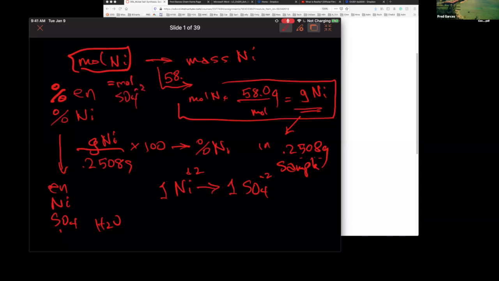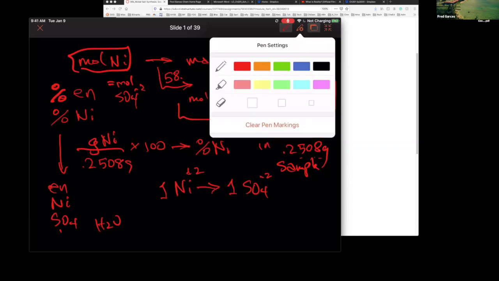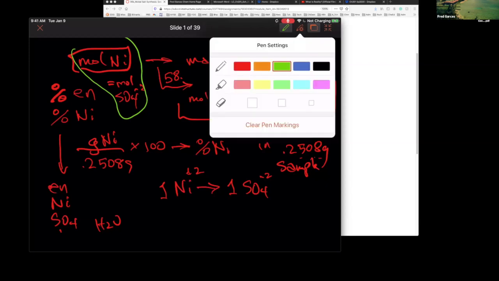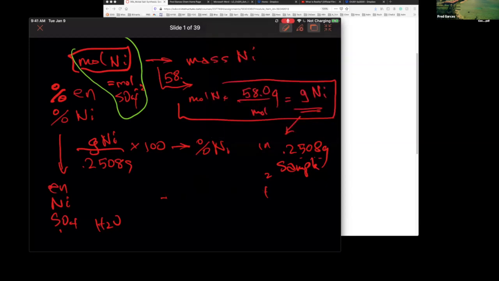That's critical, because if you don't recognize that, then you don't recognize the fact that you can't do the sulfate analysis. So this is key in solving the moles of the sulfate. So once you have the moles of the sulfate, let me clear this down here so that you guys can see that.